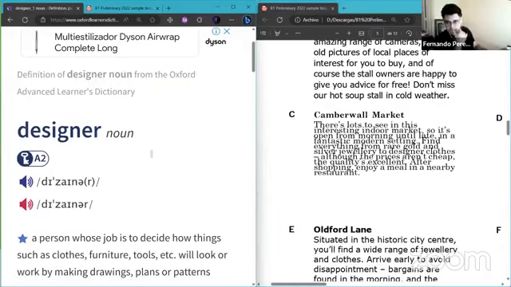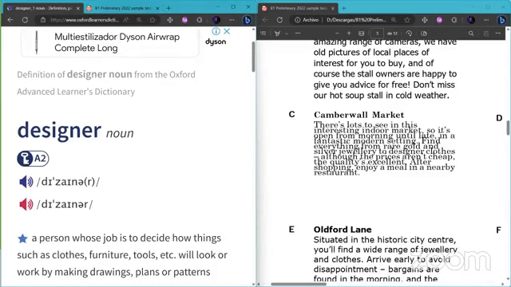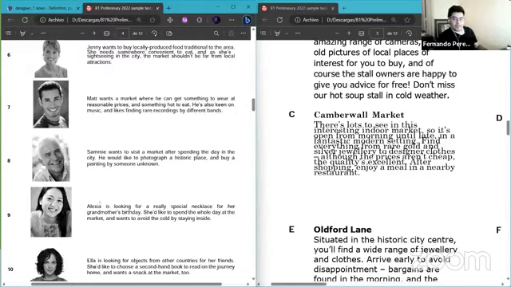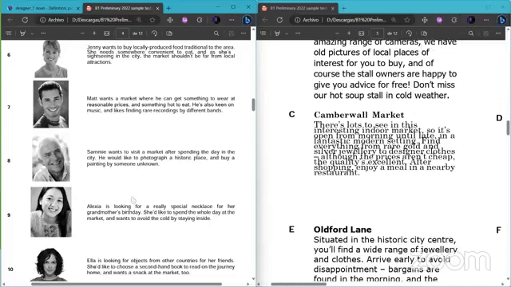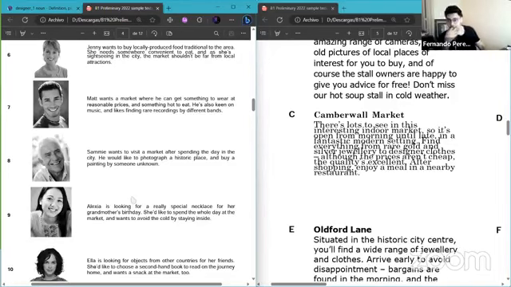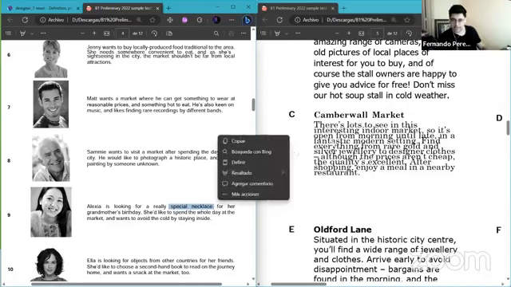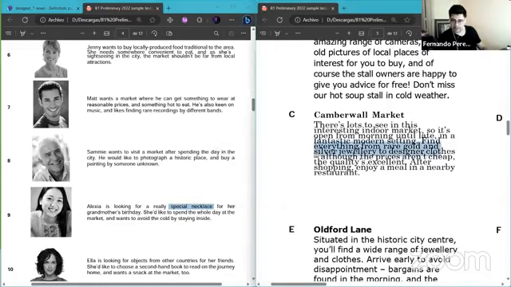Designer clothes. And she needed this jewelry piece. What is the jewelry piece that she needs? A special necklace. That's correct. Good job. So the first match is a special necklace for her grandmother, and this is the jewelry piece.